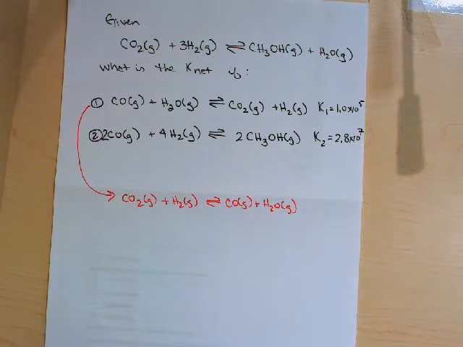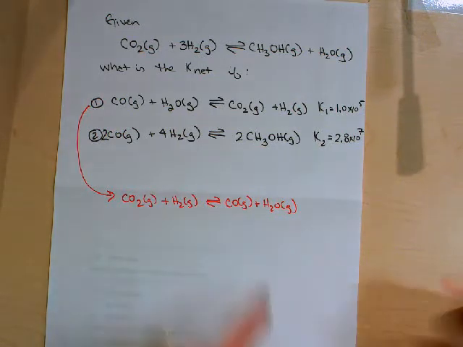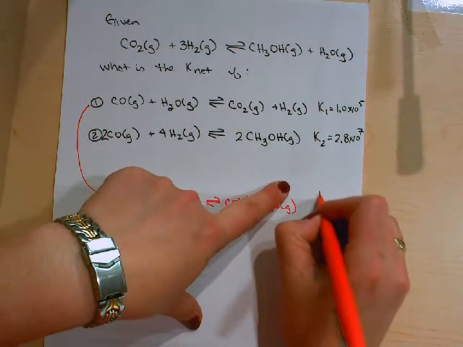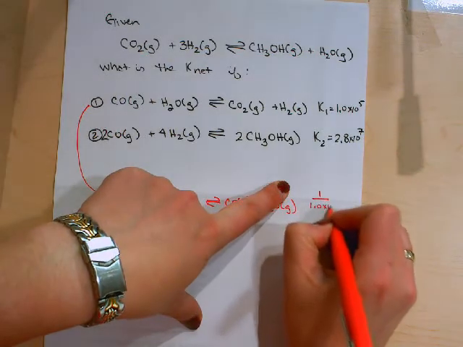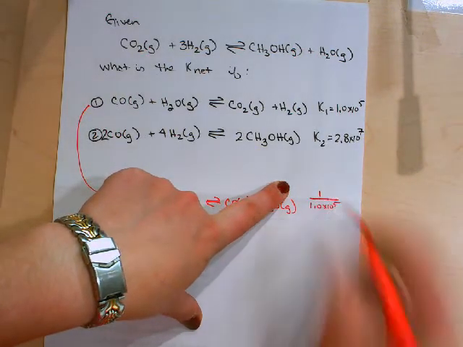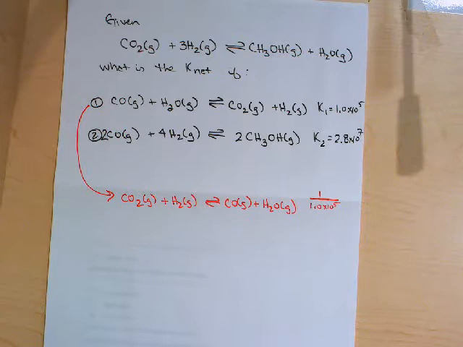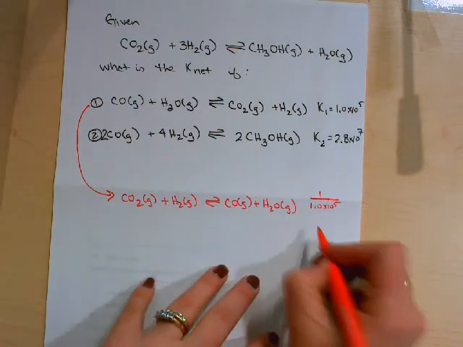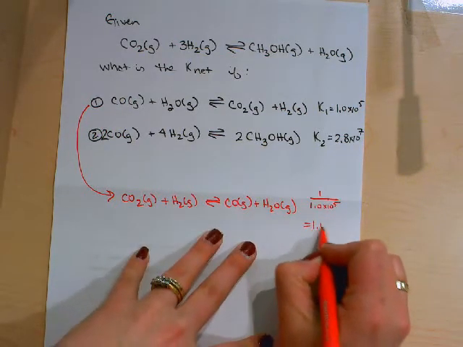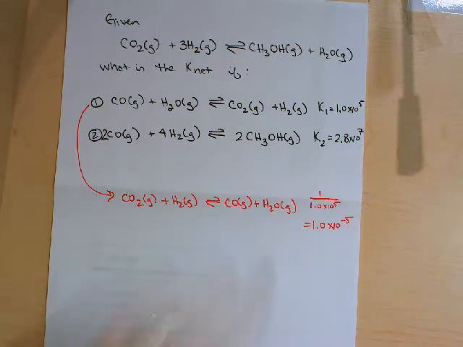If I reverse the direction of equation 1, what do I do to its K? 1 over it, okay?